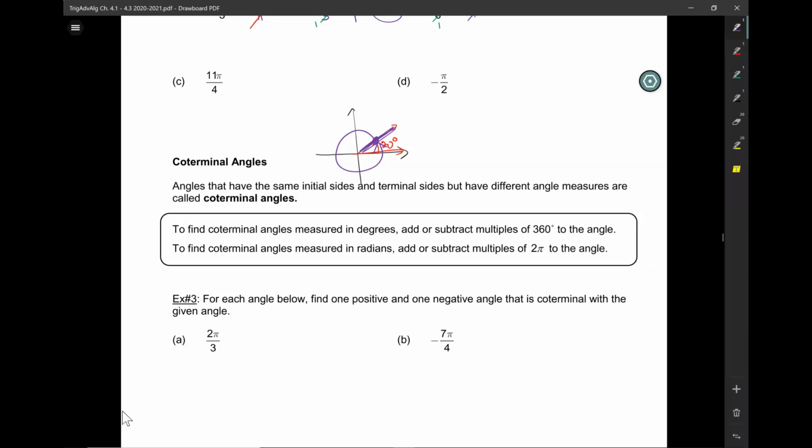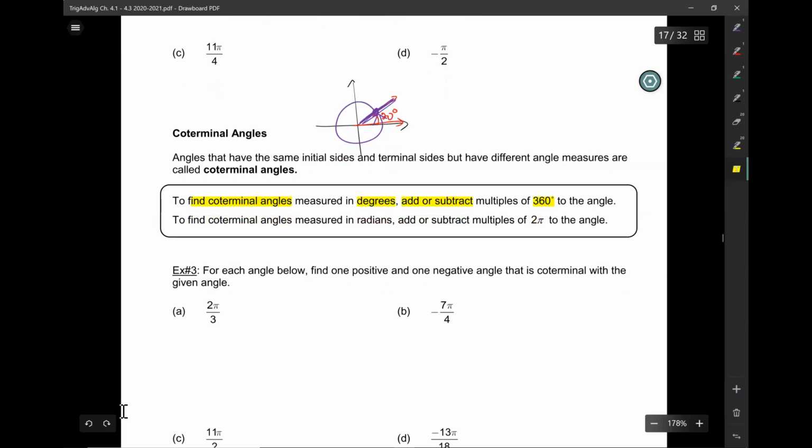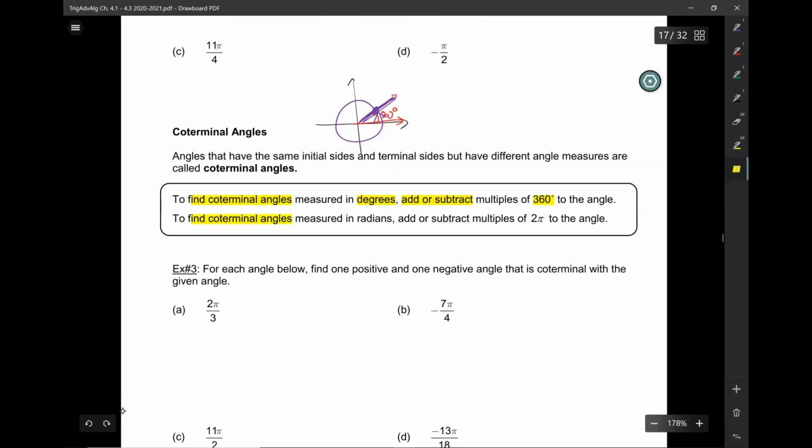So that creates a coterminal angle if you just keep going back to the same terminal side. Now, how do you find coterminal angles? If they're measured in degrees, you add or subtract 360. If they're measured in radians, you add or subtract 2 pi.